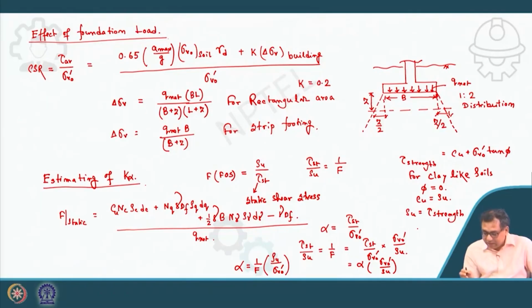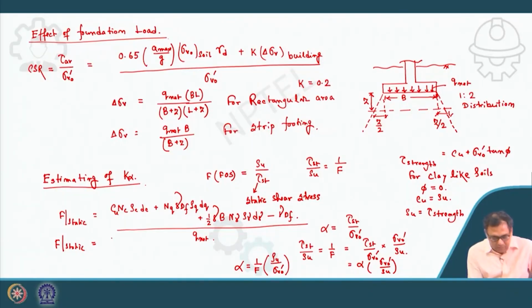And one more thing that I want to discuss: the factor of safety for static. If I take phi equal to 0, then the third part will be 0, this part will be only gamma Df, and this gamma Df will cancel.